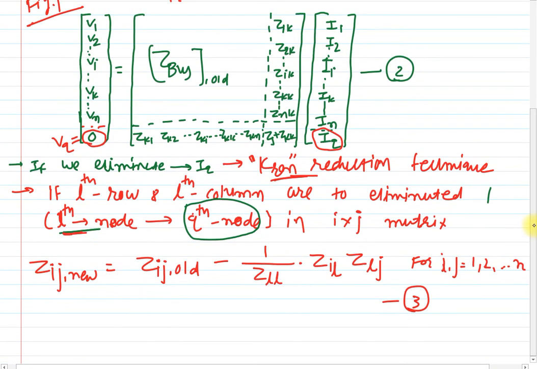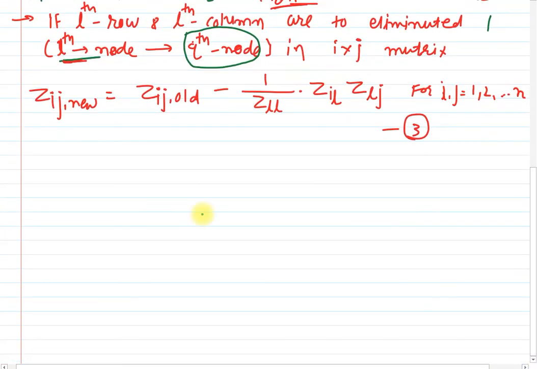Yes, so for our case I can write Z bus new, because our objective is to calculate the bus impedance matrix after addition of the link Zs from the old bus k to the reference bus.